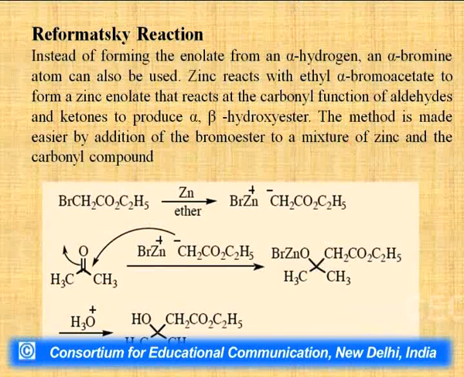While talking about the reactions, as we discussed in this lecture today, the Reformatsky reaction, what kind of reaction is it? The beauty of this reaction is that a particular metal, zinc, is taken here, and first of all there is an enolate from the alpha hydrogen, and an alpha bromine atom can also be used, and the product is a beta hydroxy ester.